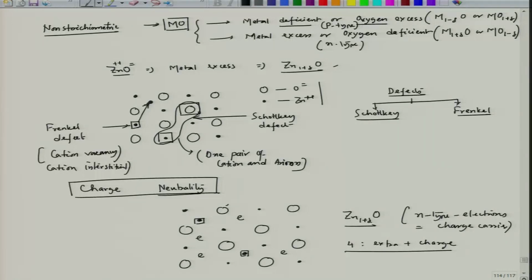So, this interstitial position can exchange, and that way zinc ion will move through the oxide layer. So, this is diffusion through the interstitial, and the charge carrier would be electron. So, this is a kind of N type oxide. Like that we can also explain other oxides, whether it is P type or N type.